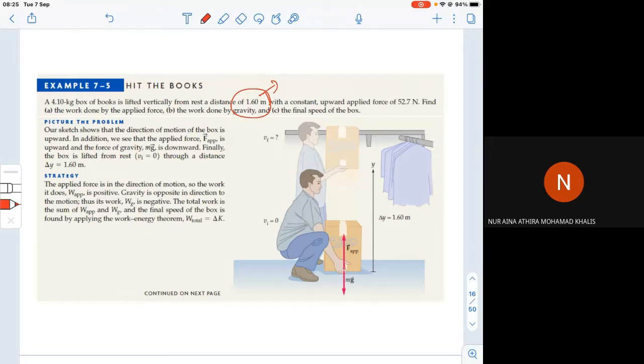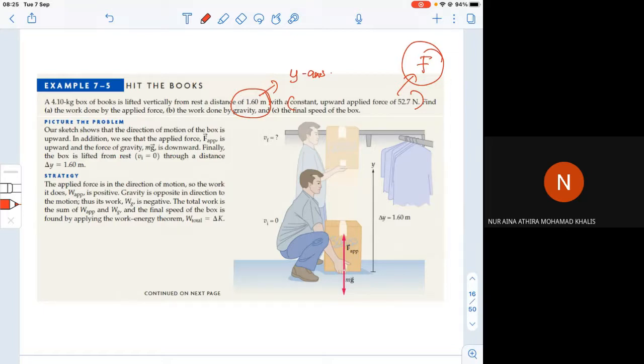That means the motion is along the y-axis with a constant upward applied force, so this is F, a constant force, and the acceleration is also constant. Find A, the work done by the applied force.